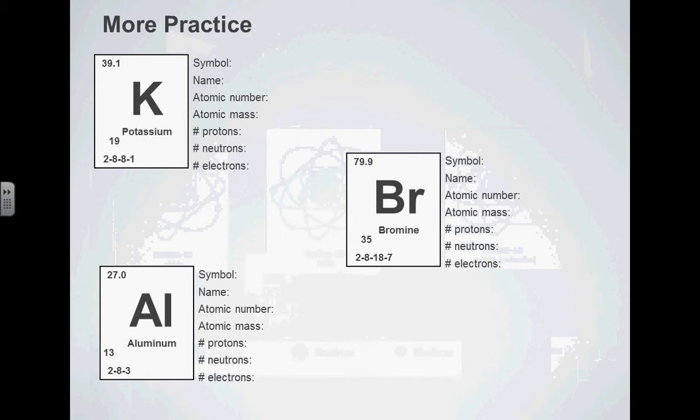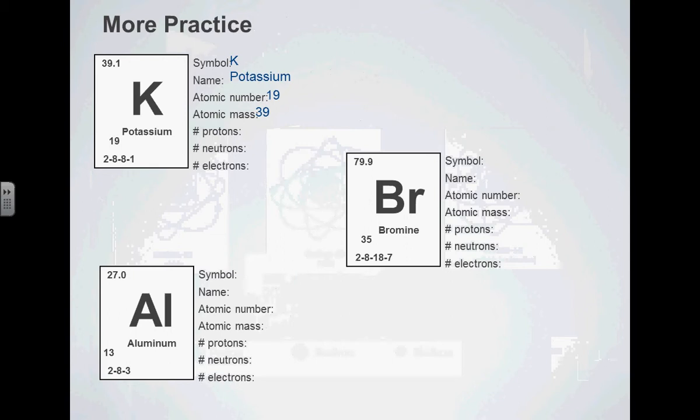All right, let's just do these quickly. I think you guys understand well enough that we don't need to spend a lot of time here. All right, Sachin, what's the symbol for this element? What element is it? Zachary? Potassium. What's its atomic number, Grant? 19. What is its atomic mass, Kristen? 39.1.